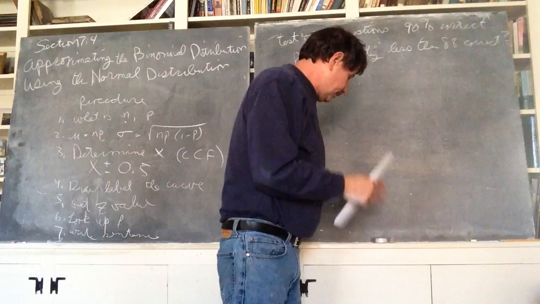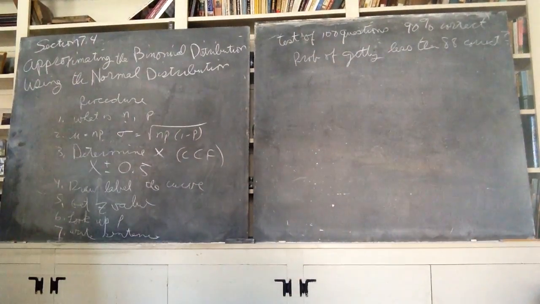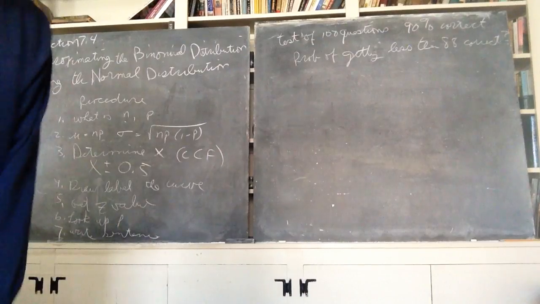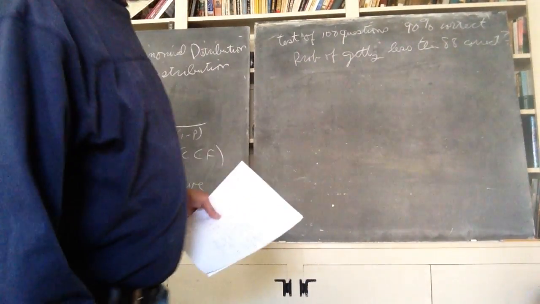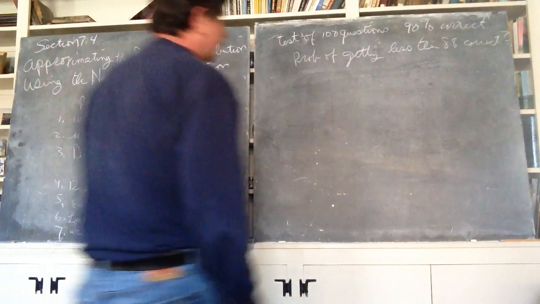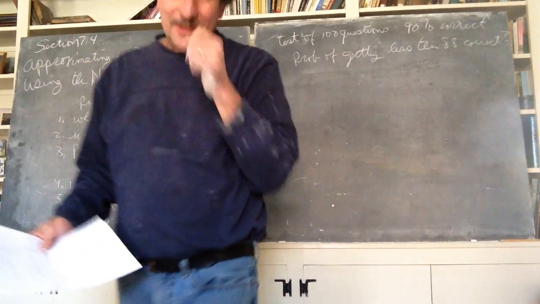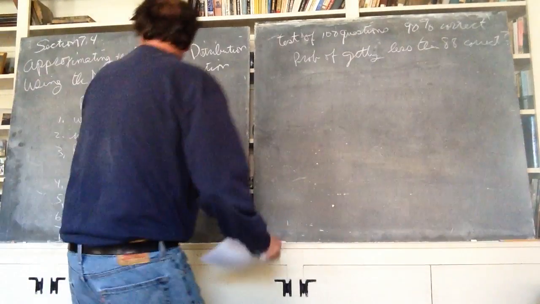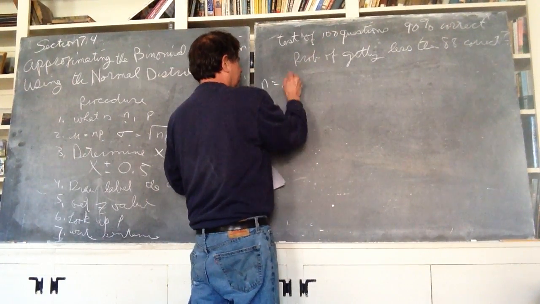Okay, you got the premise. There's a 100 question test. Any question you have a 90% chance of getting correct. So what is the probability of getting less than 88? You're going from a B plus to a B, so you really want to know the probability. So here we go. What is N and P? N is 100 questions.